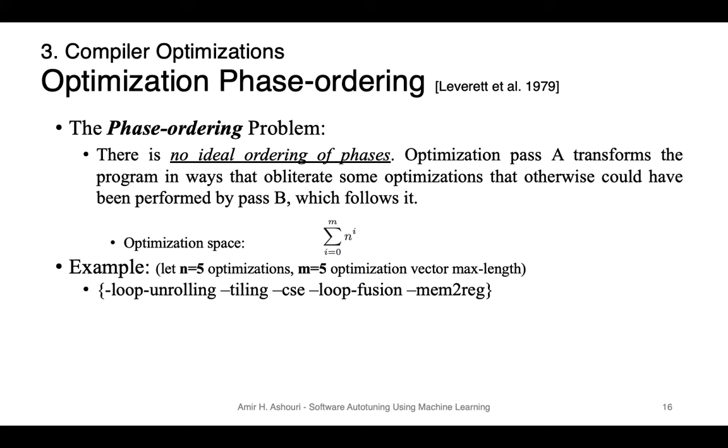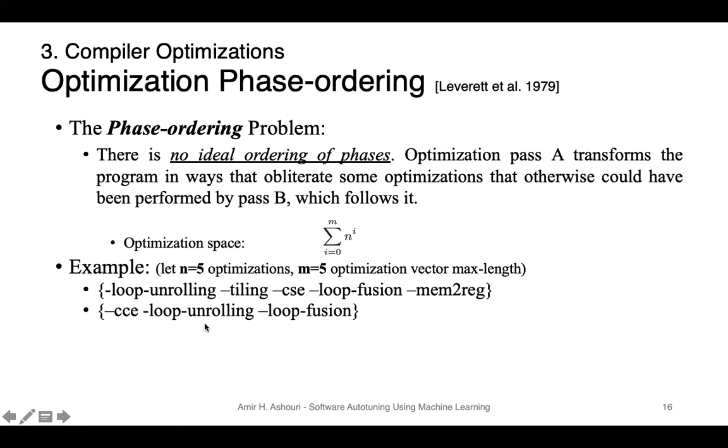Let's go to the previous problem. We have 5 optimizations, and we limit our optimization vector up to 5 only. We're not interested in going forever. So our 5 are loop unrolling, tiling, CSE, loop fusion, and memory to register. In this case, we also enable repetition of an optimization. Sometimes there are compiler optimizations that you need to reapply after another one. So this is CSE actually.